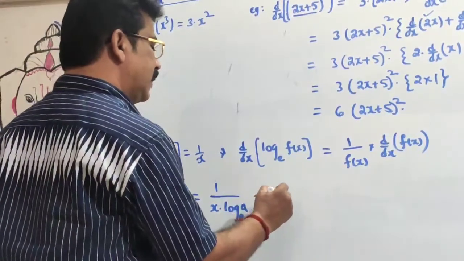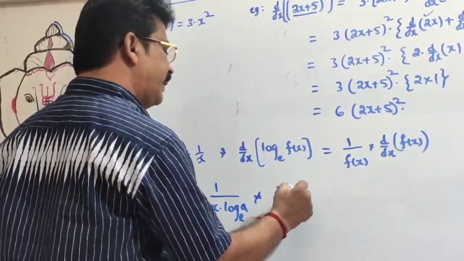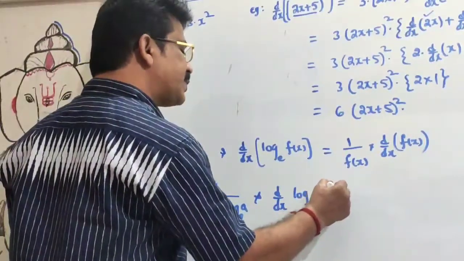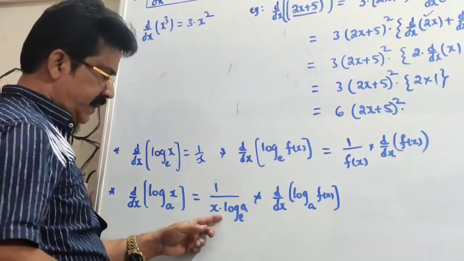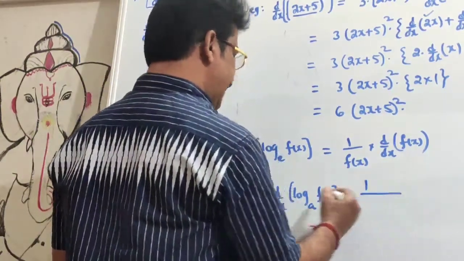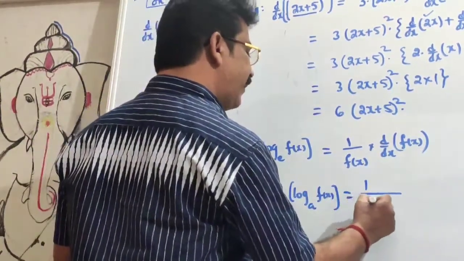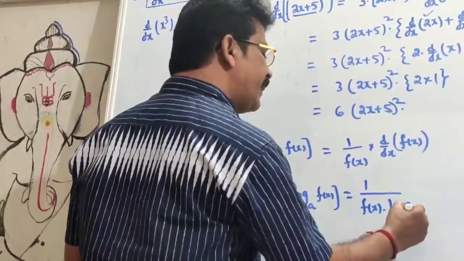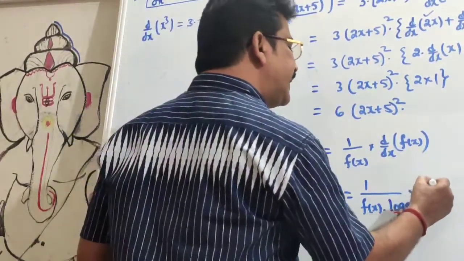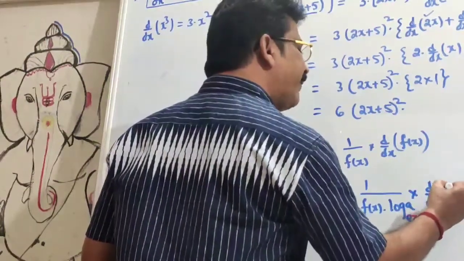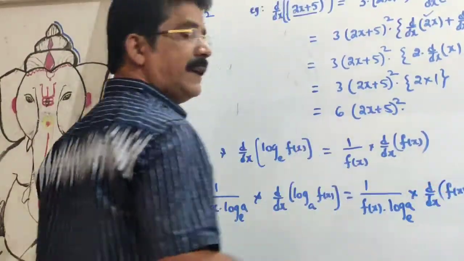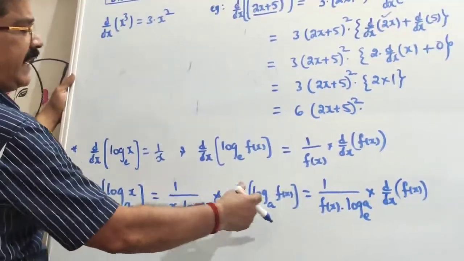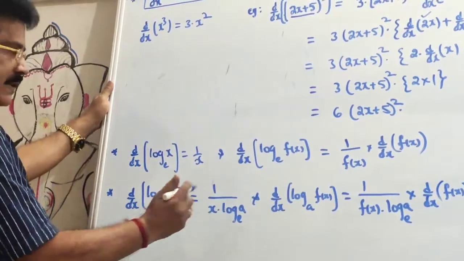And for the composite function d by dx of log base a of f of x, follow the same structure: 1 by f of x into log a to the base e into d by dx of f of x, or simply f dash of x. We can take any example instead of f of x.